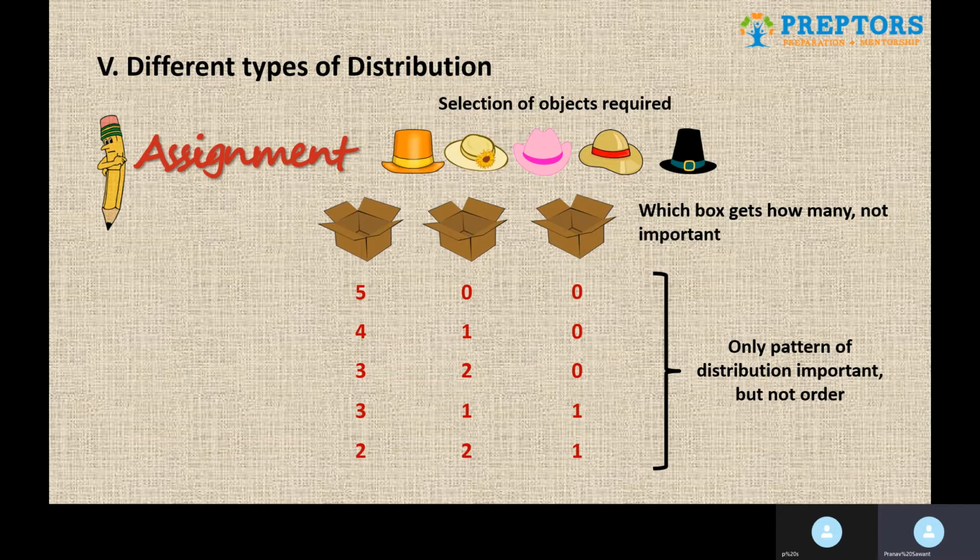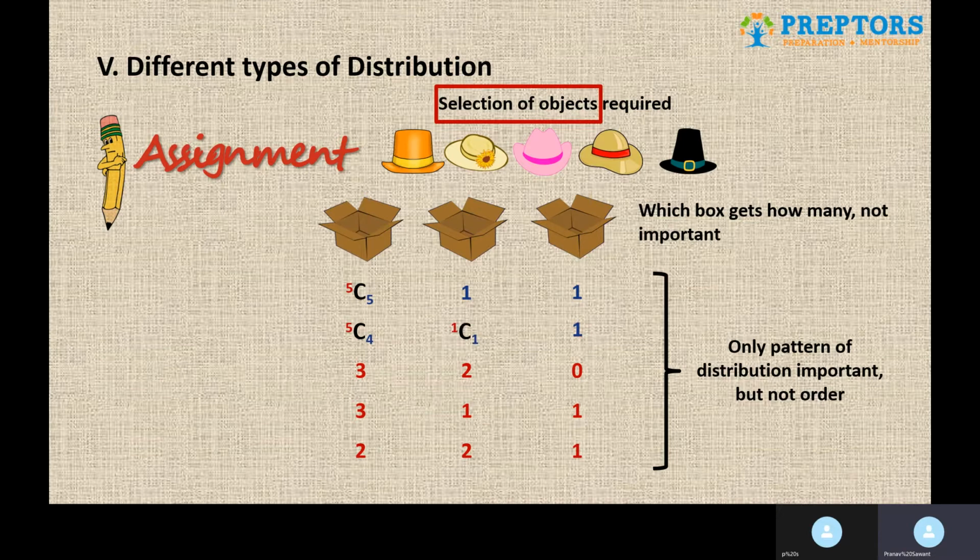Over here, selection of the pattern is important. Selection of the objects is important. So we will start selecting. Now 5 in one, 0 in second, 0 in third. Selection means combination comes into case. So it will be 5C5, 1 and 1 and so on. In the second it will be 5C4, the remaining will be 1C1 and 0 is 1.